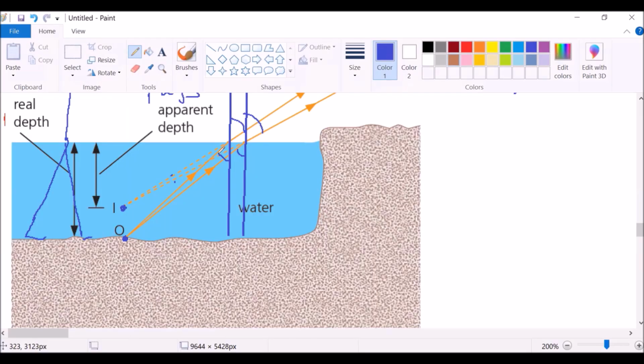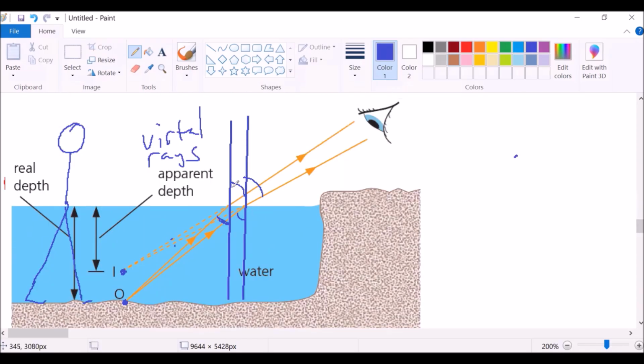Now, this angle of incidence is small. The angle of refraction will be small, this angle. So this incidence angle I1 will have a smaller refraction R1. Another ray of light will come at another point, and this is a larger angle of incidence.